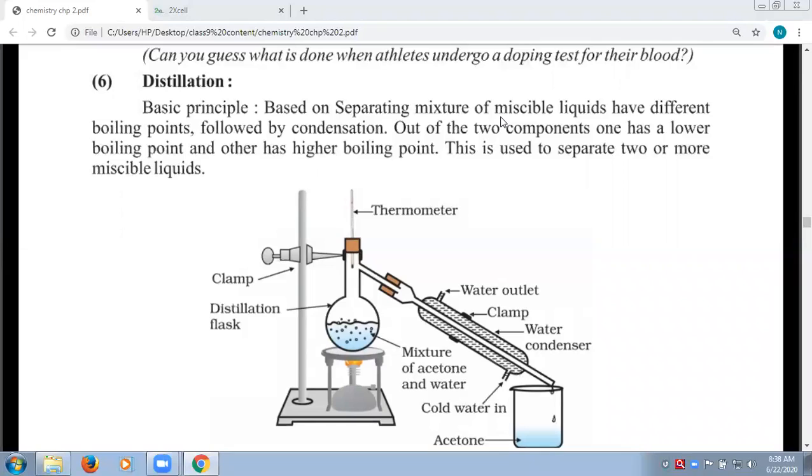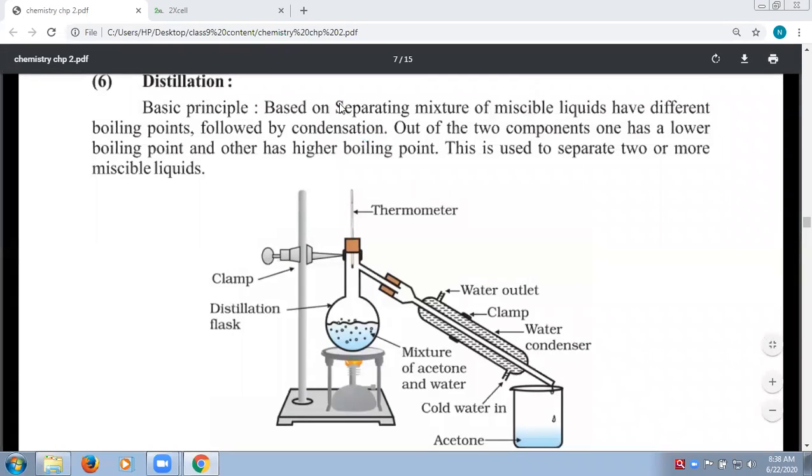Basic examples are purification of ocean water, sea water, river water, rainwater, and underground water, because all these waters contain a lot of salts dissolved in them.